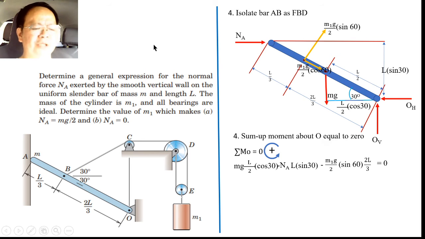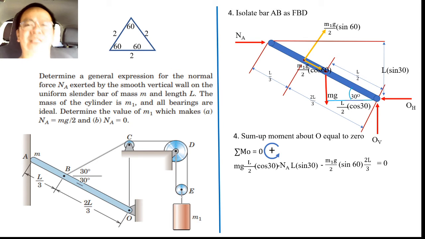Now let us imagine that somewhere here we have an equilateral triangle such that its sides are equal to 2. If its sides are equal to 2, therefore the angles of an equilateral triangle are all equal to 60 degrees.